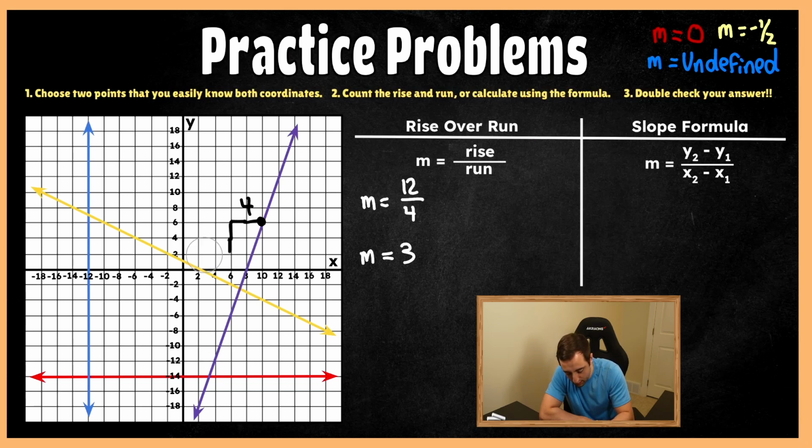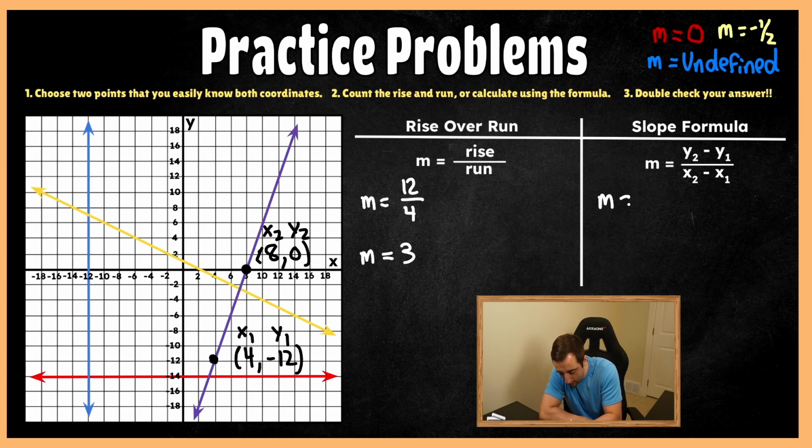And then let's make sure that we still get that with slope formula. I'm going to pick 2 different points this time. Let's say I go all the way down here, and then let's pick this one right here. So we are going to use our ordered pairs. So this is (4, -12), and this is (8, 0). Let's say this one's x1, y1, this one's x2, y2, and then let's plug it into our formula.